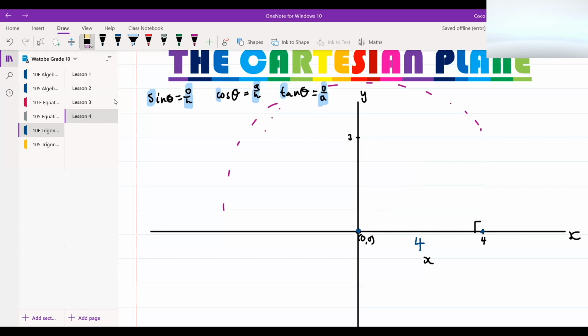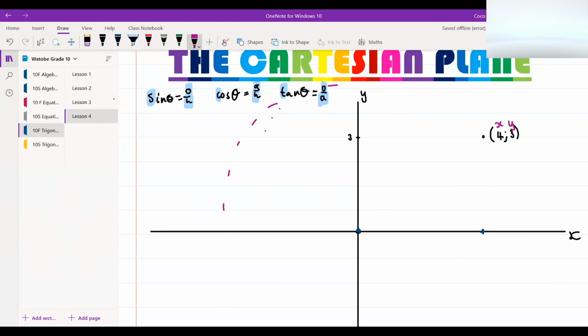I want everybody to be on the same page with me. On my Cartesian plane, if I have the point 4 and 3, we all agree that this is my X value and this one over here is my Y value.